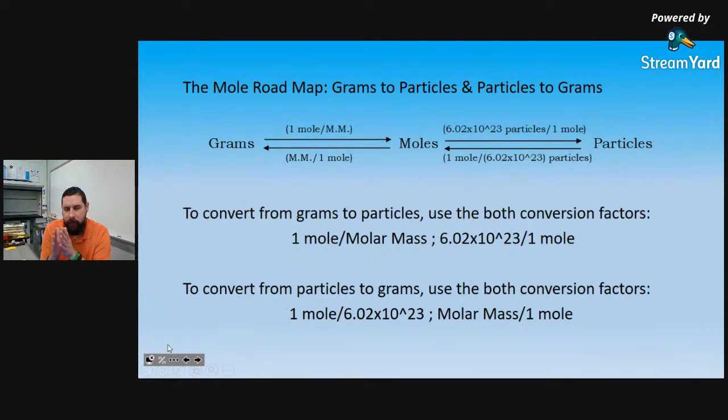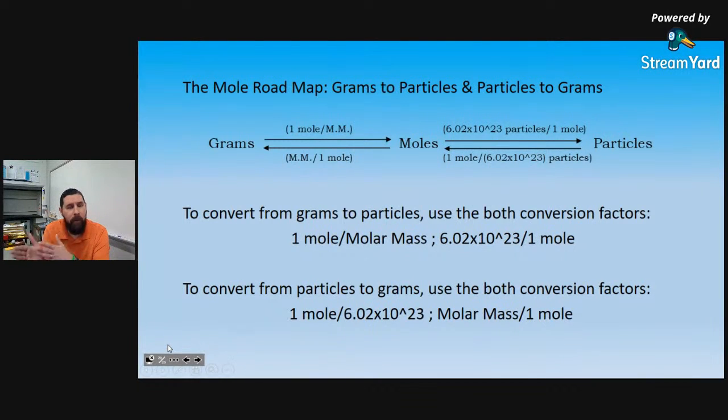So let's delve a little bit deeper into the complete mole roadmap that we're going to be using. The idea here is that moles are an intermediary, that if we want to go from grams to particles, we first have to calculate the amount of moles. So in converting grams to particles, we end up having to use both conversion factors. The idea of 1 mole per the molar mass to be able to convert grams to moles, and then the second conversion factor of Avogadro's number per 1 mole to be able to convert from moles onto particles.